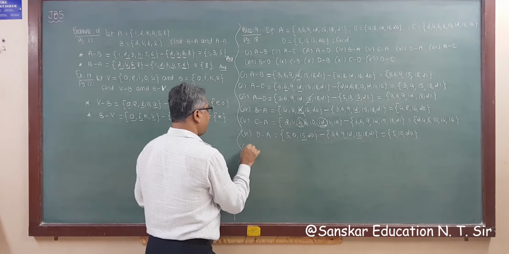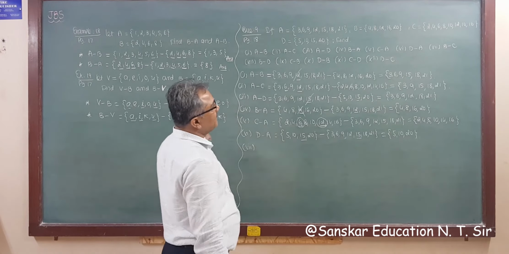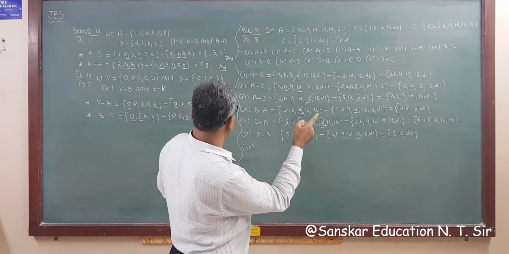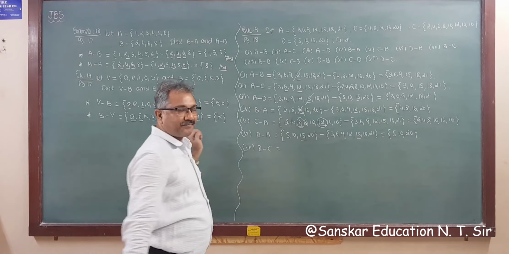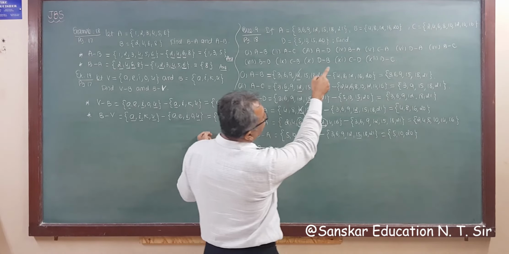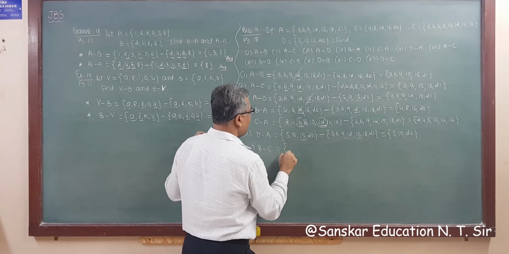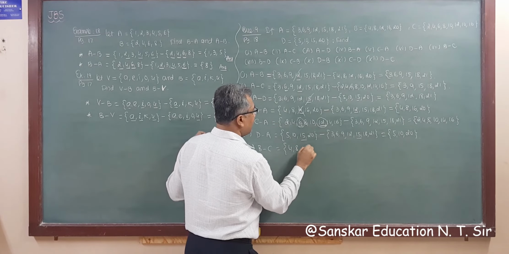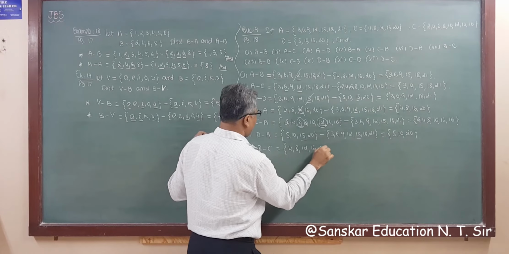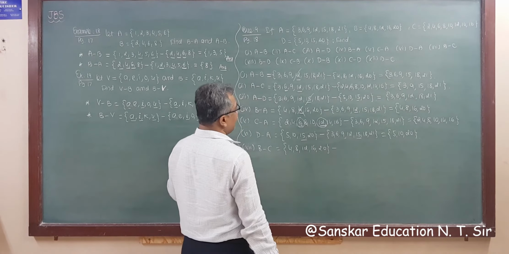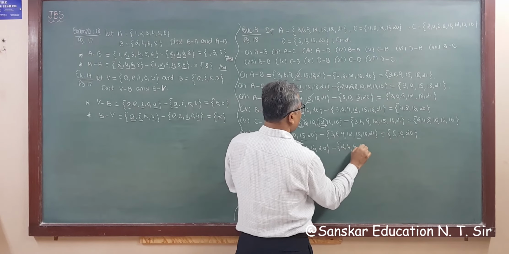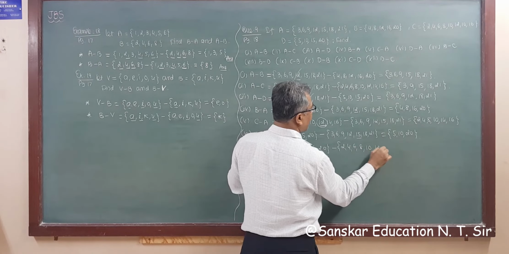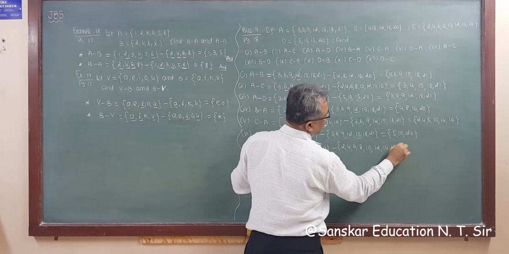Then 7. Question number 7 is B minus C. Set B is 4, 8, 12, 16, 20, minus set C, which is 2, 4, 6, 8, 10, 12, 14, 16.